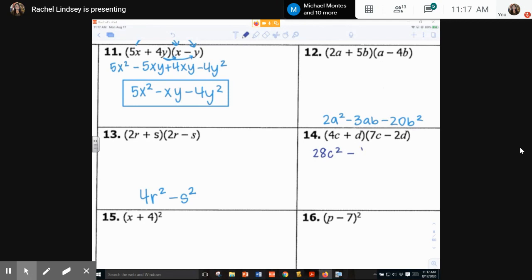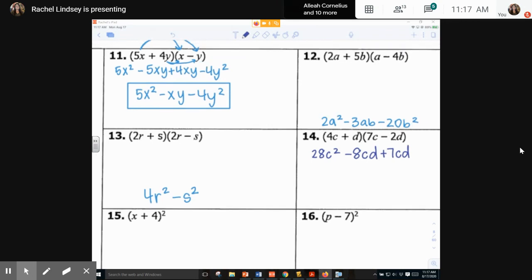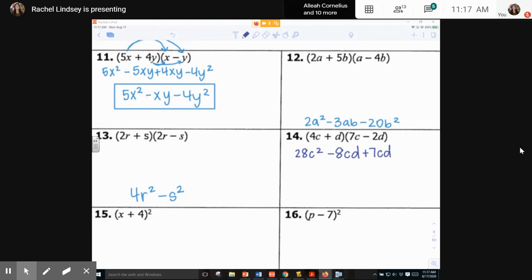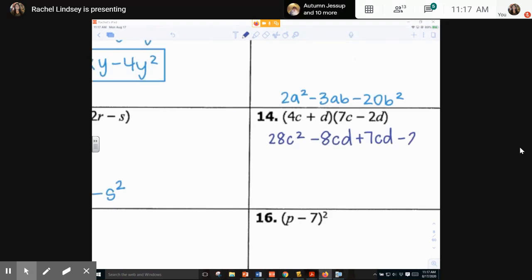Negative 8, and then we have c times d. And then d times 7c, 7dc or 7cd. And then what's d times negative 2d? Yes, negative 2d squared.